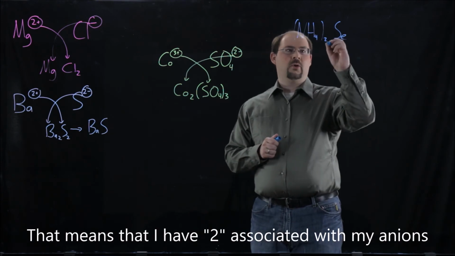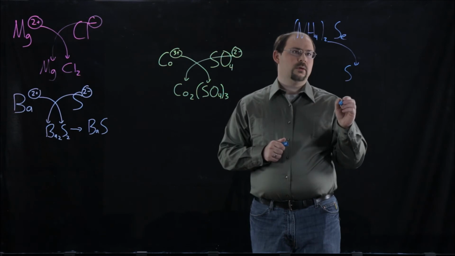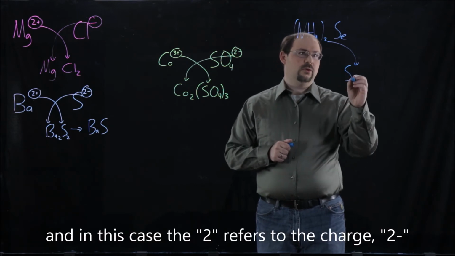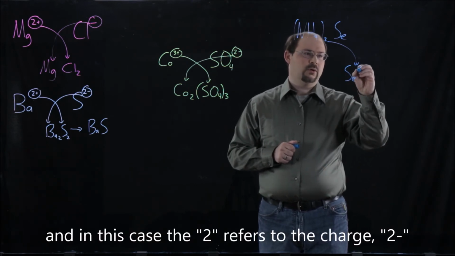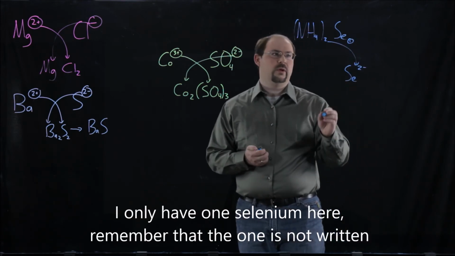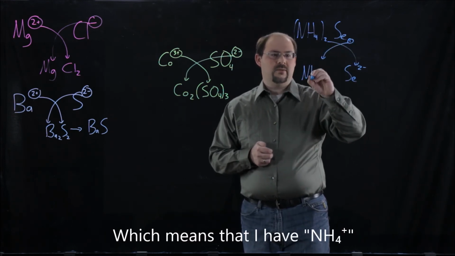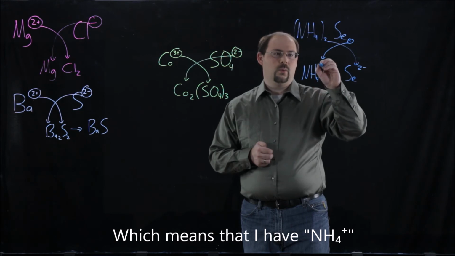That means that I'm going to have 2 of my anions, and in this case the 2 refers to the charge, 2 minus. I only have 1 selenium here. Remember that that 1 is not written in place, which means that I have NH4, 1 plus.